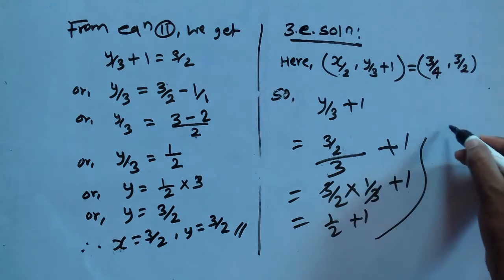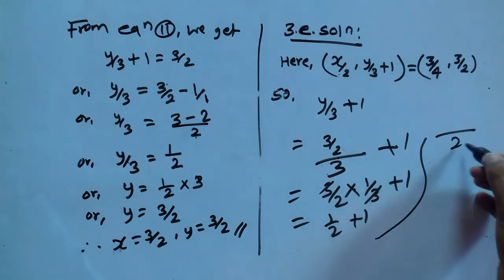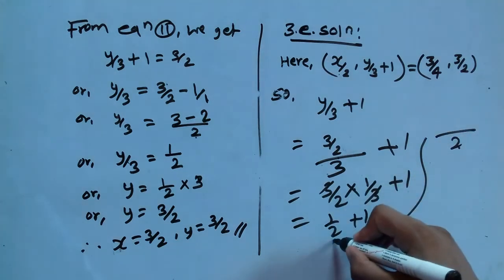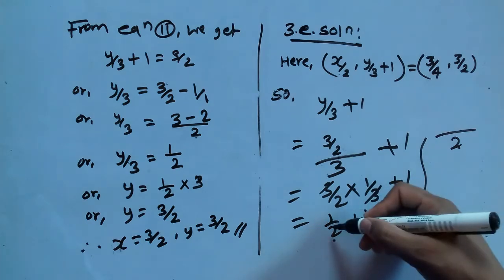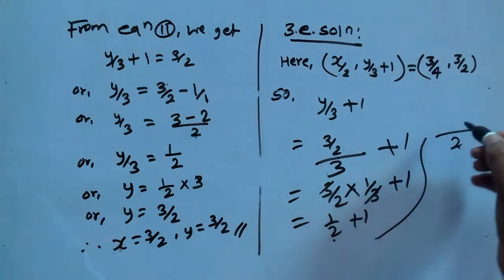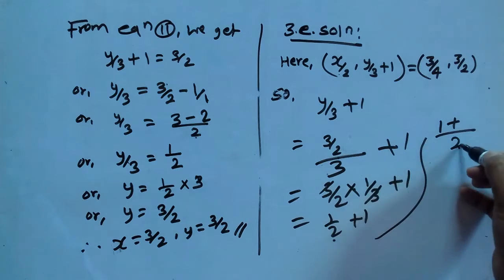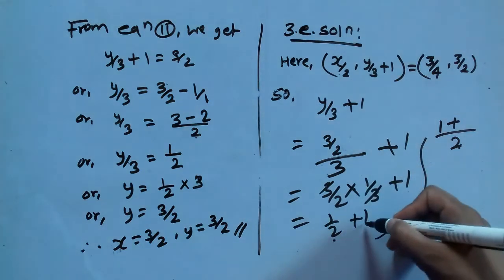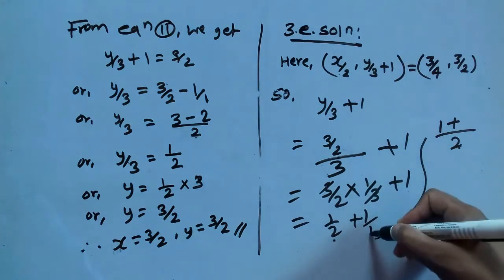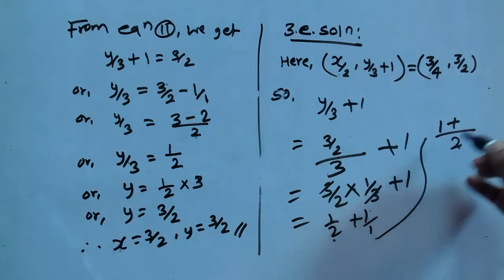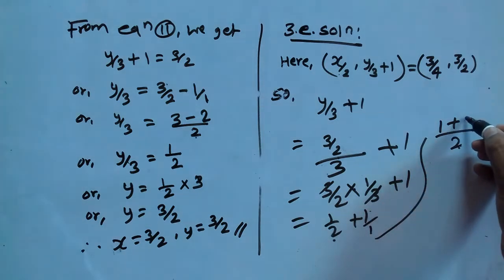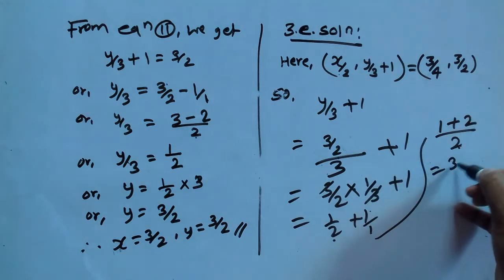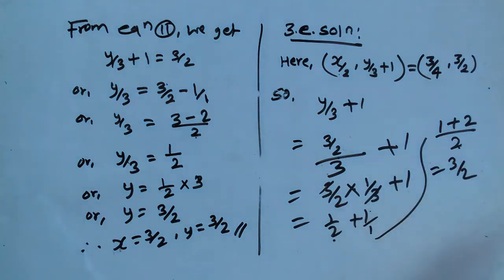Then the LCM is 2. 2 divided by 2 is 1, and 1 into 1 is 1, then plus 2 divided by 1, the denominator is 2, and into numerator 1 is 2, and this is 3 by 2. So this answer is also right.